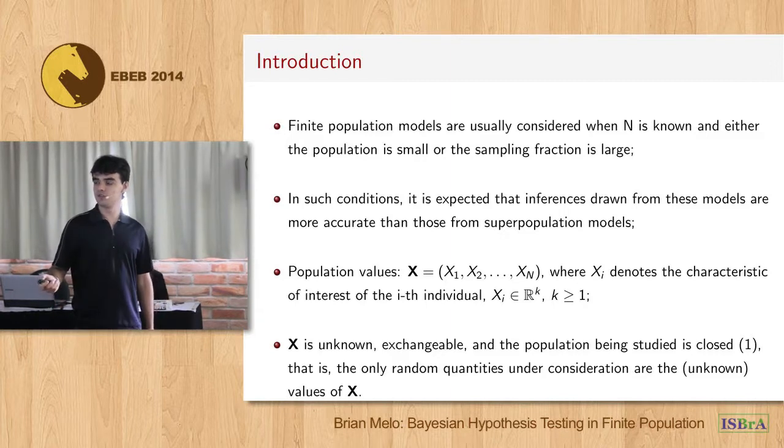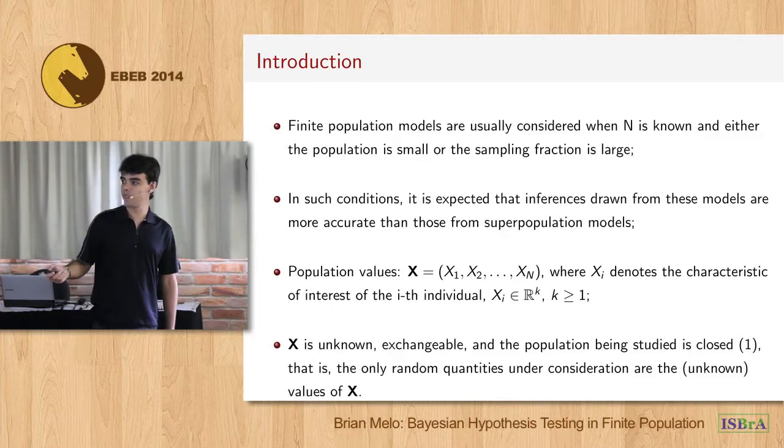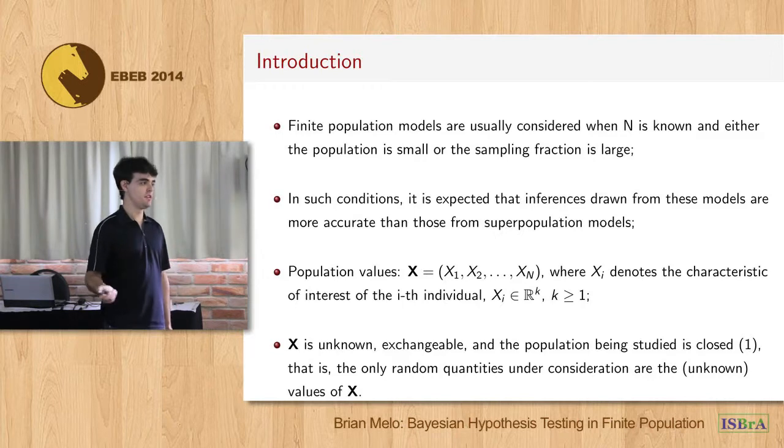The notation here, we consider the vector of population values x equals x1, ..., xn, where xi is the characteristic of interest for the individual i. This characteristic is always a real vector. The assumptions here are that the population value is unknown, it is exchangeable, and the population is closed, which means the only randomness in our scenario is from the unknown population values.